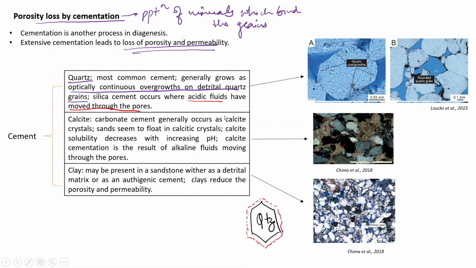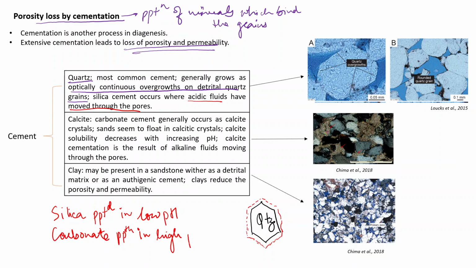So silica cement occurs where acidic fluids have moved through pores, which means that the dissolution of silica is lesser in acidic environments. You should keep this in mind, which is exactly the reverse of carbonates. Silica is precipitated in low pH, acidic solutions, while carbonate gets precipitated in high pH solutions.